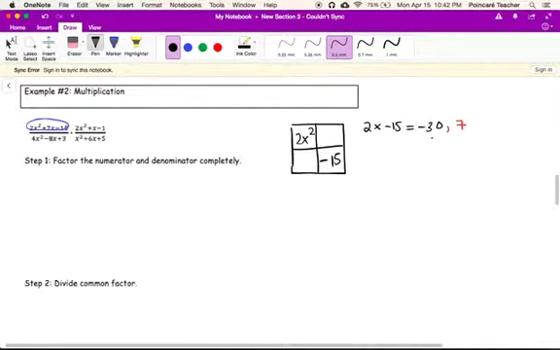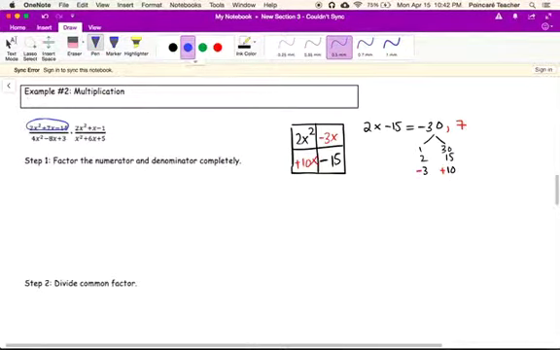So the two numbers, let's see, we have 1 and 30, 2 and 15, 3 and 10. So 3 and 10 looks like the ones I want. If I want positive 7, this 10 has to be positive, this 3 has to be negative. So I have negative 3x and 10x.